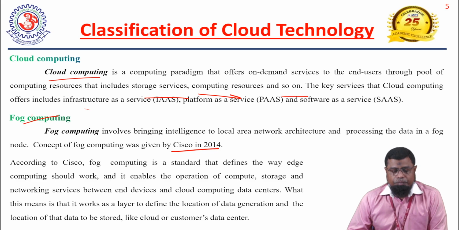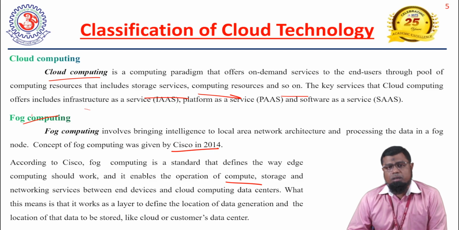So fog computing defines the way edge computing should work. It enables the operation of computing, storage, and networking services. These three operations are carried out by fog computing in an intelligent way. Computing means the computational task, the job or data generated from the IoT devices.